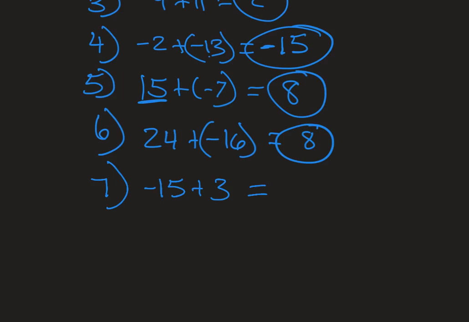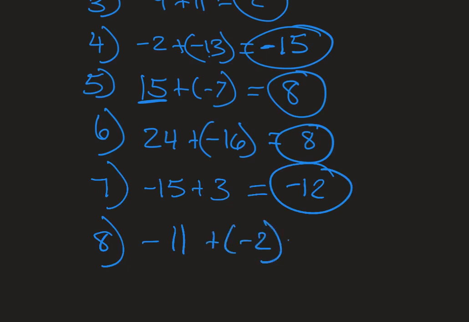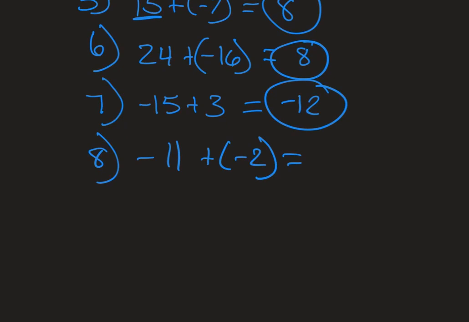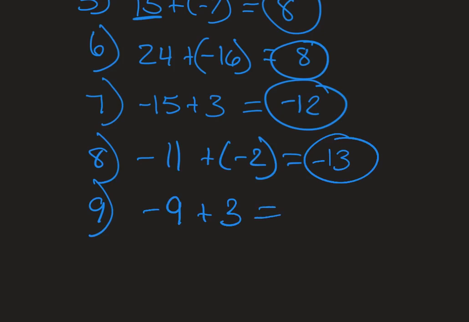Positive or negative? Negative. Awesome. Number 8 is negative 11 plus a negative 2. Layla. Awesome. Same signs, so we add them together. Haley, you have x plus 3 when x is a negative 9. So you have a negative 9 plus 3, which equals? Perfect.